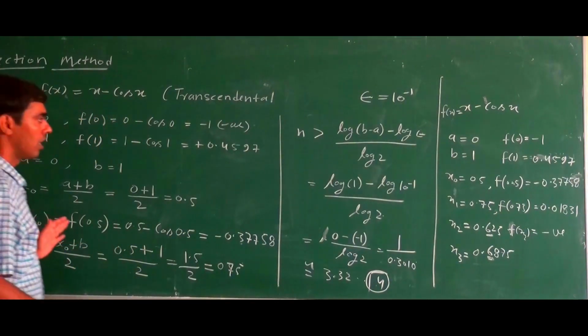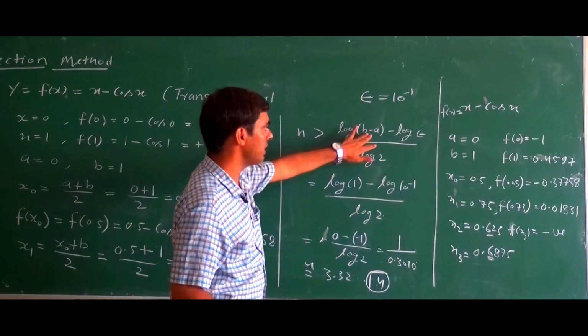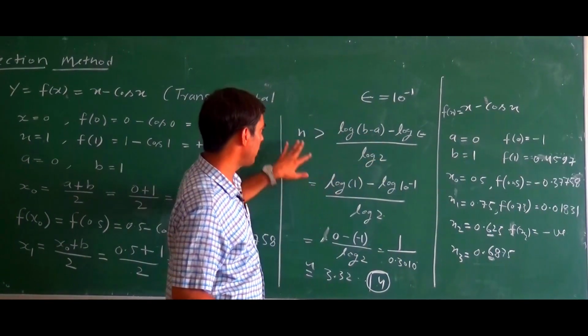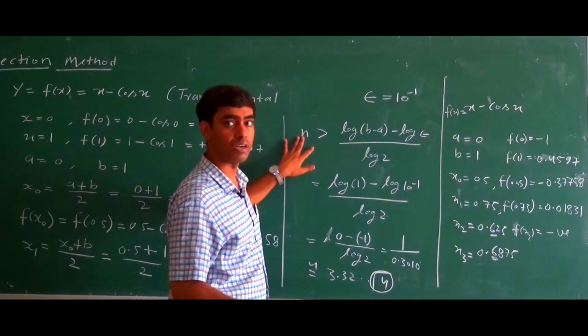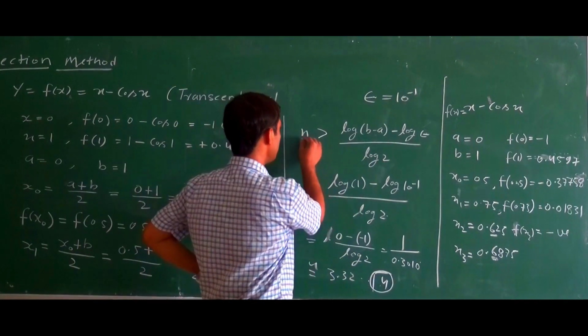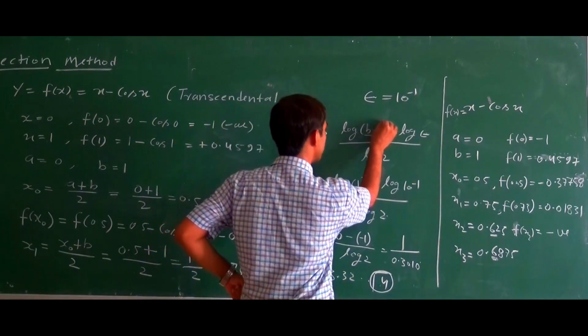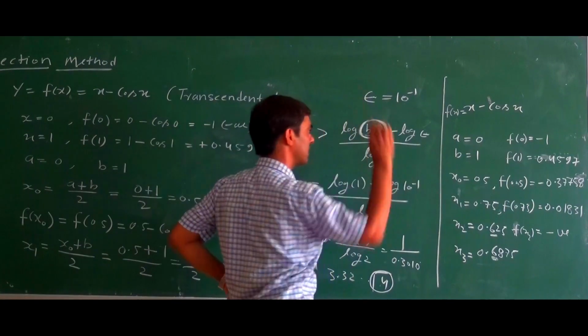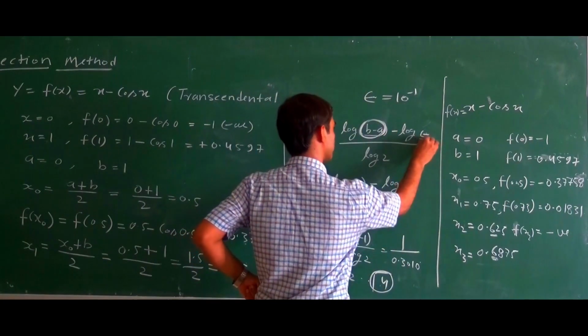So as the difference of a and b is large, the value of n is large. Here n is directly related to the difference b minus a, because epsilon is fixed.